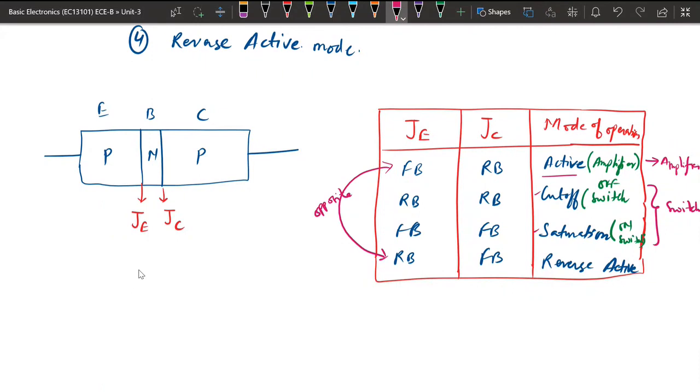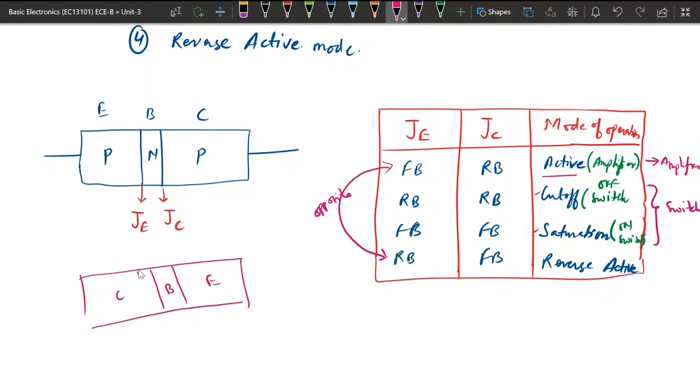So in reverse active mode, it seems like we have just inverted this BJT. Here we have considered this as the collector, this is the base and this is the emitter.